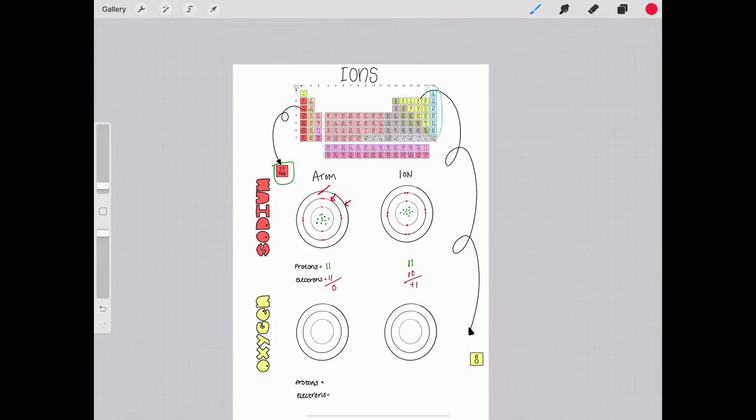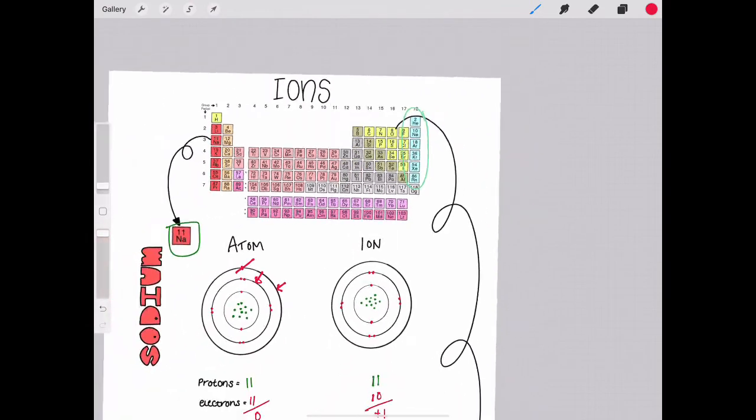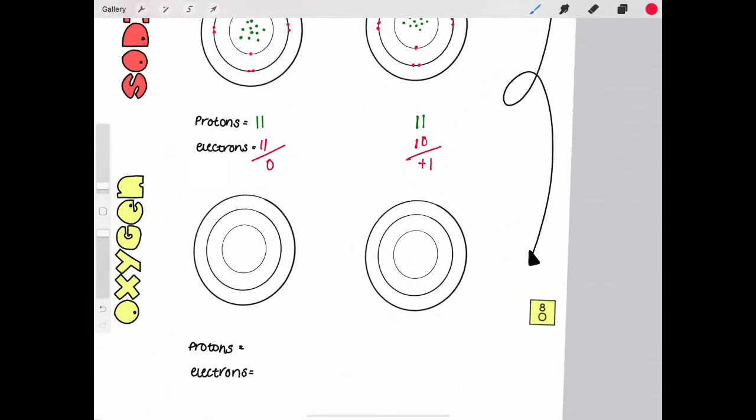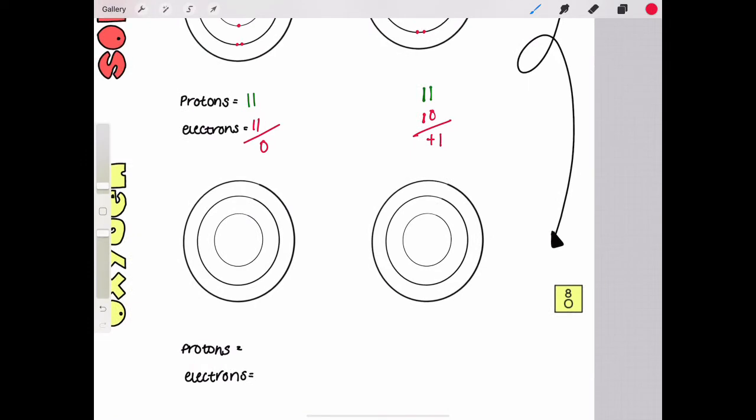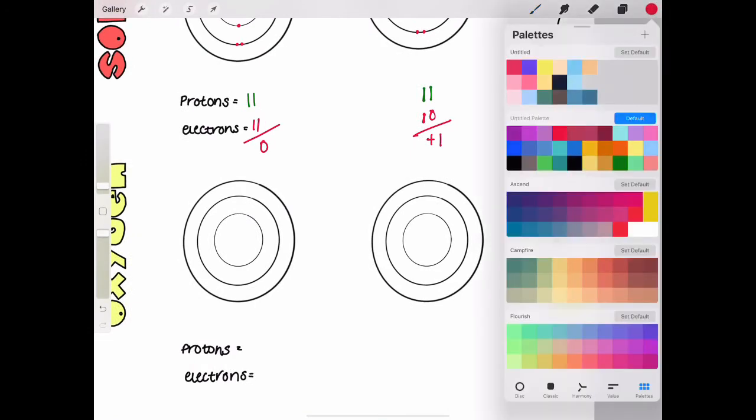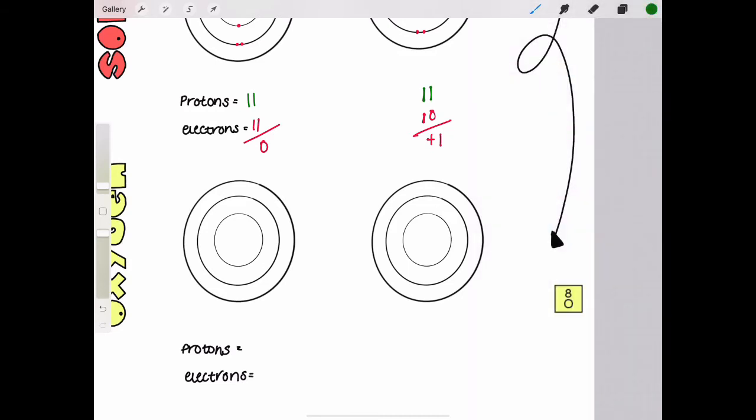So if we have a look at oxygen then, so again looking at the atom and the ion, so we've got our atomic number is 8, so adding in 2, 3, and then again in the ion.